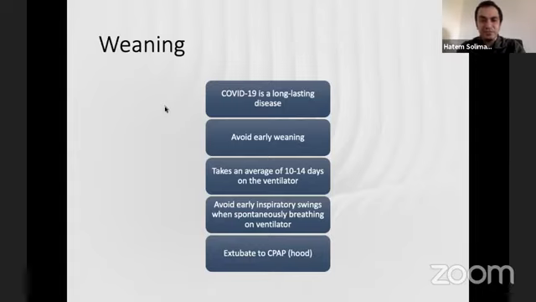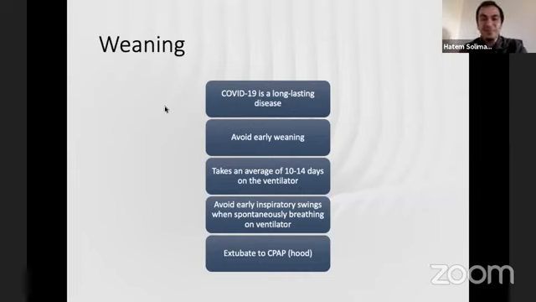It takes an average of 10 to 14 days on the ventilator, which can be less, can be more. And avoid the negative early inspiratory swings when they breathe hard spontaneously. We are usually thinking in a positive way when we are weaning a patient, to let them breathe on their own, breathe hard, because we think that we are training the respiratory muscles and letting the diaphragm work.